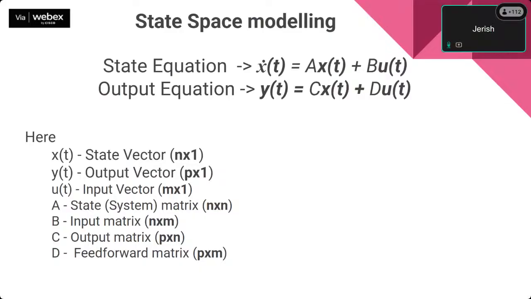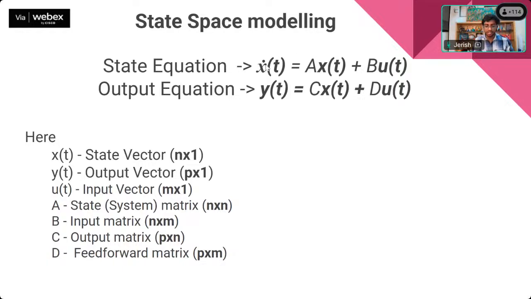Basically, in a car you have an accelerator which is given as an input. This u vector can hold multiple values, and it will be mapping the input to how the state is evolving.